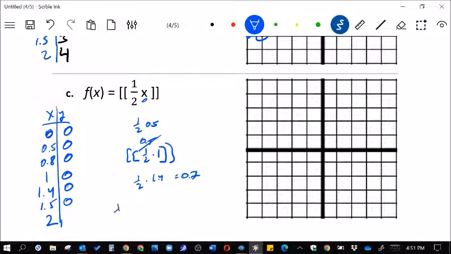Now let's put a 2 in there. 1/2 times 2 is 1. So if I use a 2 for the x value, the result is that I get a 1.